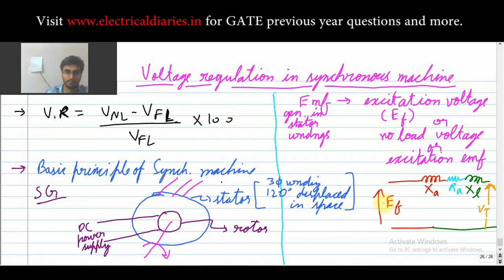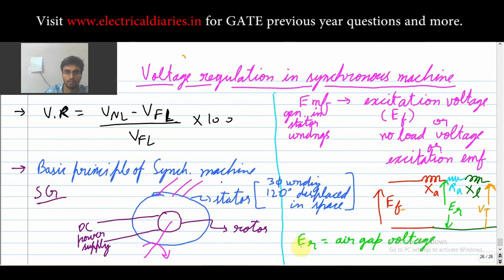The phasors and angles I will discuss in some other video, but for this video this much is enough. You can also mark this voltage as ER, and you can term this ER as the air gap voltage.